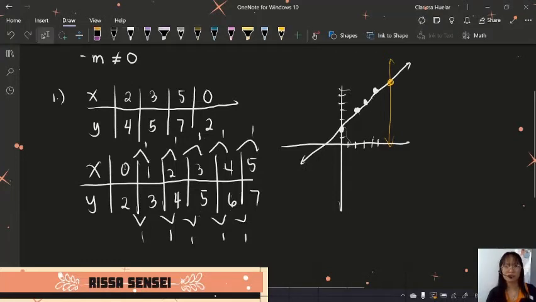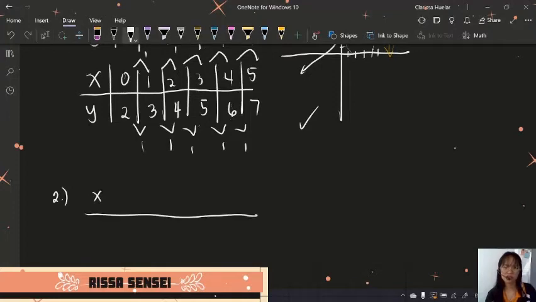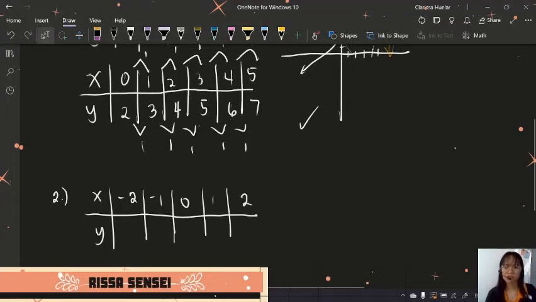Okay? I give you another example. Halimbawa, x. The value of y. So, let's start with negative 2, negative 1, 0. Dapat consecutive yung sa x.